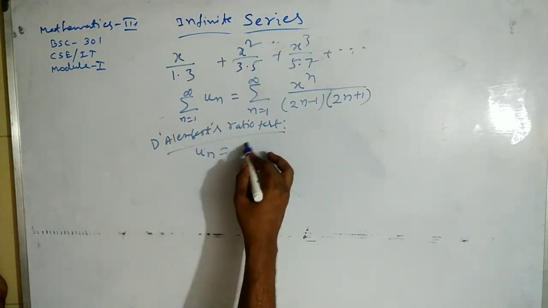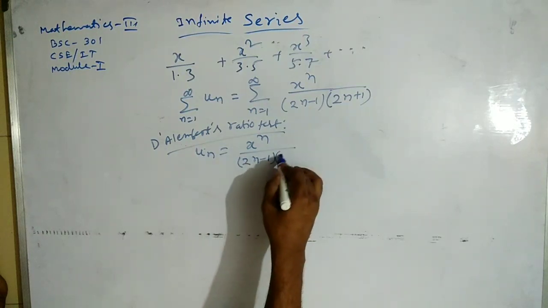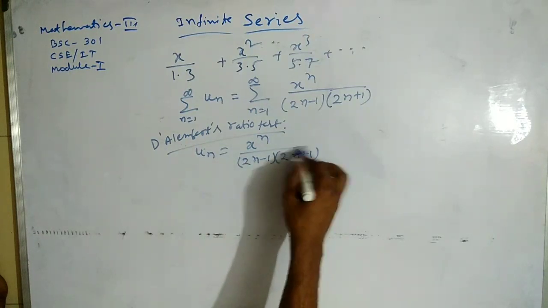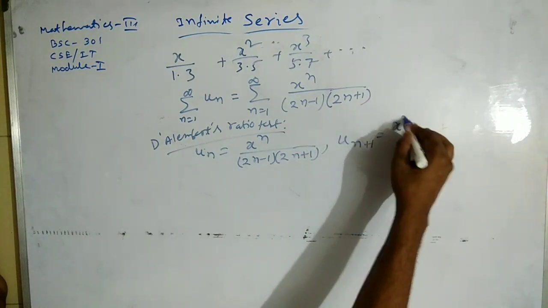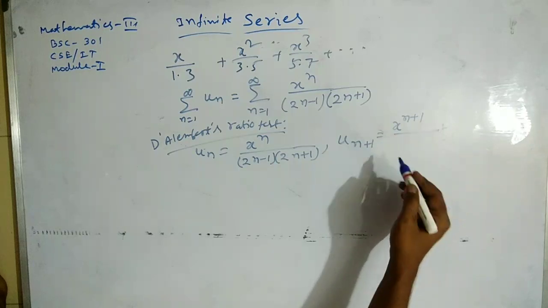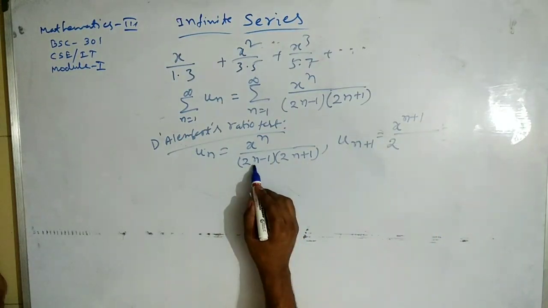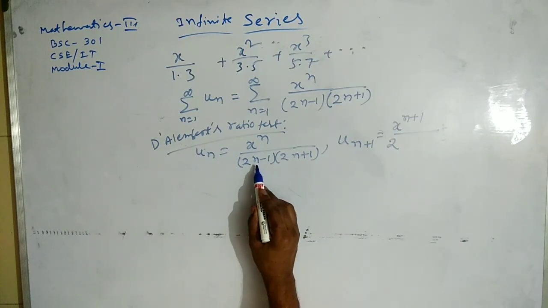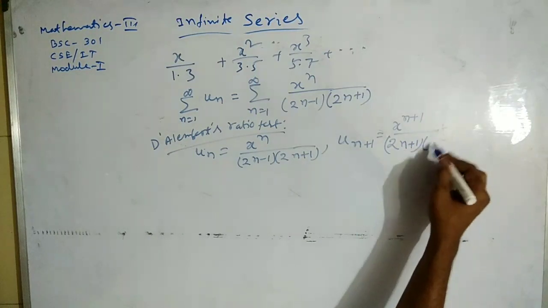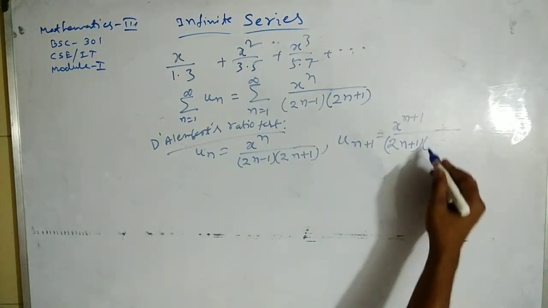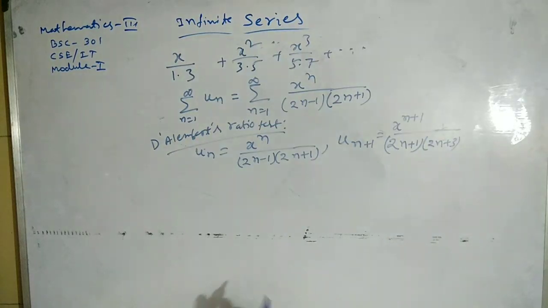Un equal to x to the power n by (2n minus 1) into (2n plus 1). And then un plus 1 will be x to the power n plus 1 by, it will be n plus 1 in place of n, then 2n plus 2 minus 1, that is 2n plus 1, into 2n plus 3. Okay, this is un plus 1.